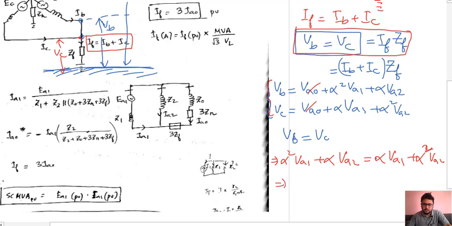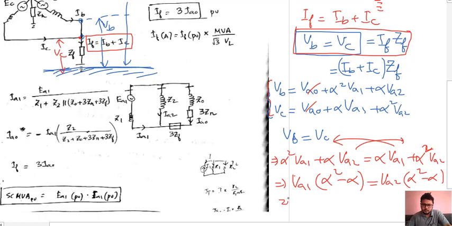Now shift VA1 to the left hand side, so VA1 common, alpha square minus alpha, equals, and VA2 shifted to the right hand side, so VA2 common, alpha square minus alpha. These cancel. What will we get? VA1 equal to VA2.